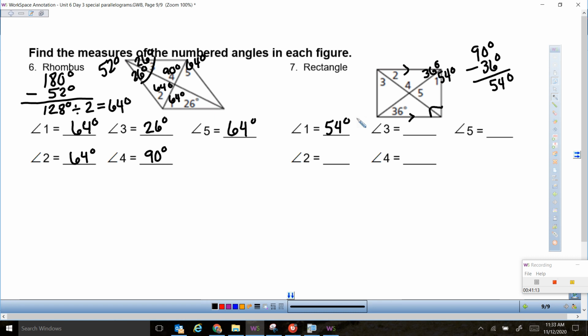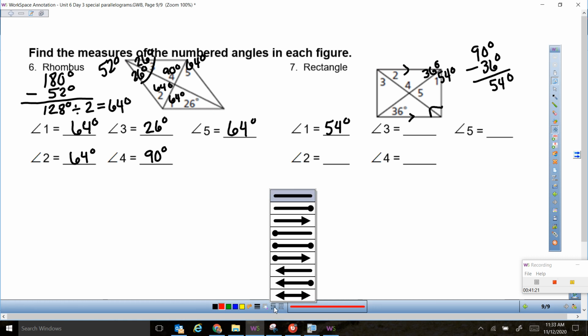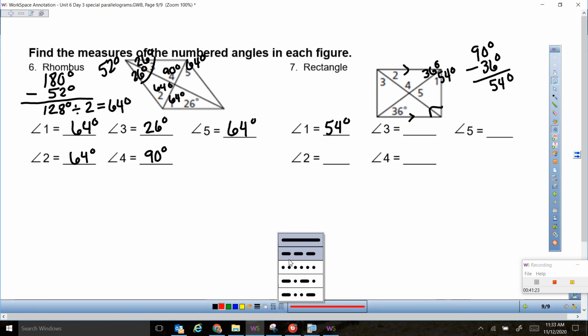And to quickly find some other angles, I know that a rectangle has lines of symmetry. And I'm going to use a line of symmetry right here down the middle. So let's say I fold that rectangle right down the middle. So if I take the right side and fold it over here to the left side, then it's symmetric.